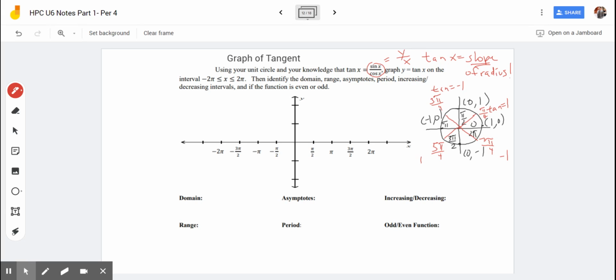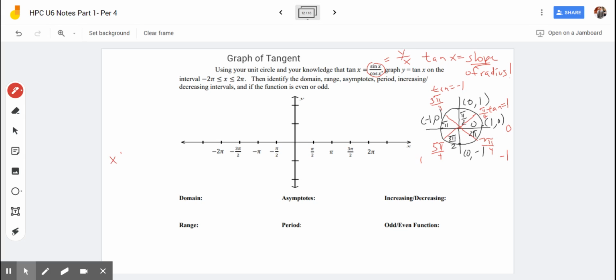And that makes sense, especially when you look at pi over 4, 5 pi over 4, 3 pi over 4, and 7 pi over 4, right? We have a diagonal slope of 1 in quadrants 1 and 3, and then a diagonal slope of negative 1 in quadrants 2 and 4. And at 0 radians, our tan value is going to be 0, because it's 0 over 1. And let's make the table values.